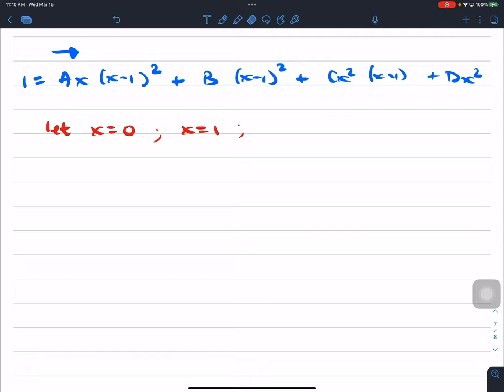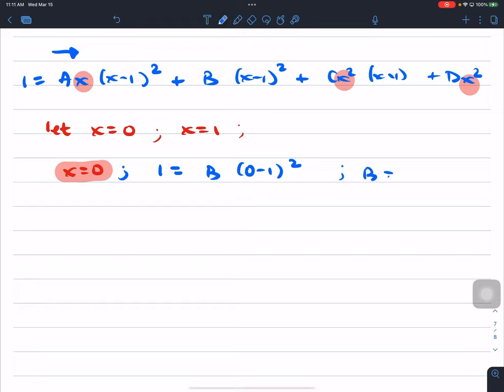Okay? If x is 0, on the left side you have 1. You're going to get B, 0 minus 1 squared, and that's it, I think. Is that true? That's when you say x is 0. So you're going to put a 0 here. This is gone. Put a 0 here. This is gone. Put a 0 here. This is gone. That means my B value is 1. Is that true?